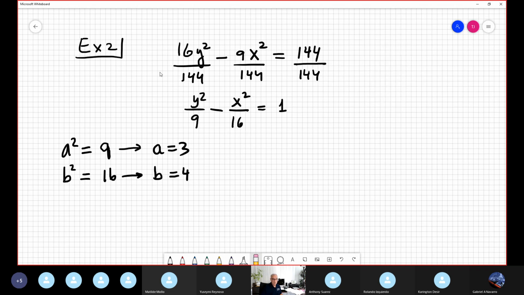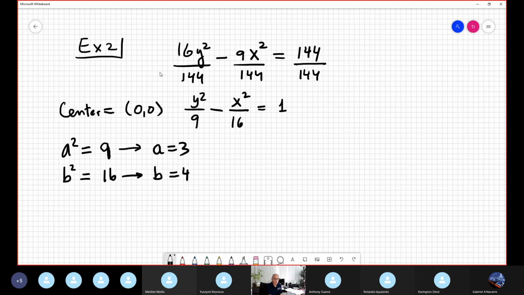Now I want to find the center. I don't know why I always forget the center. At what point is the center of this hyperbola located? It's 0,0, obvious. Explain why.